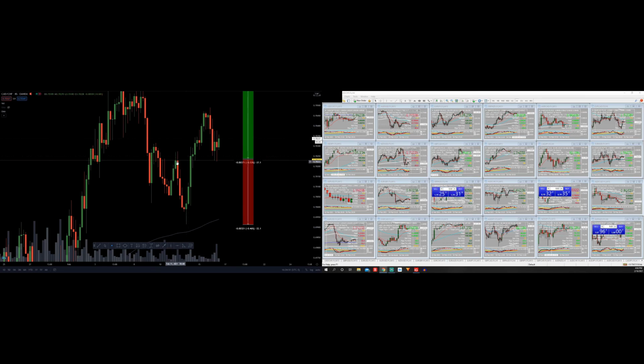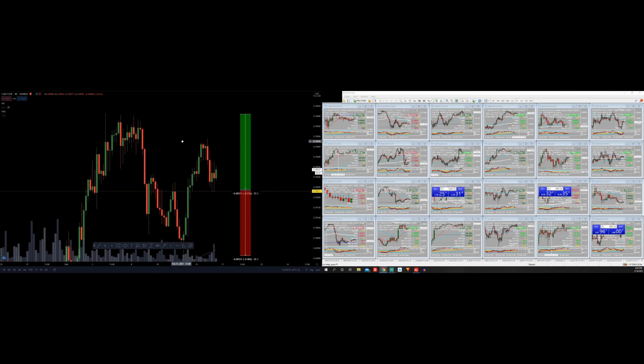So when price closed above this yellow line, I entered the position there. My original target was this area here, but once price started coming up here and struggling to go any higher, I said, you know what, I'm just going to exit the trade here, which I did.